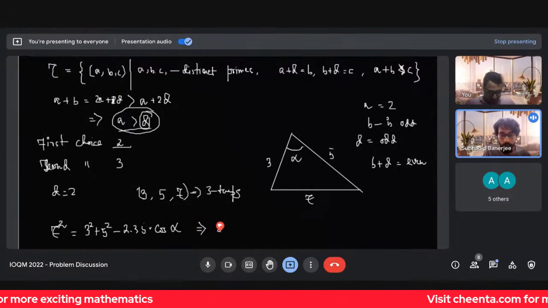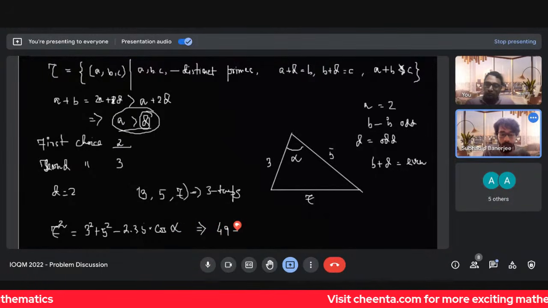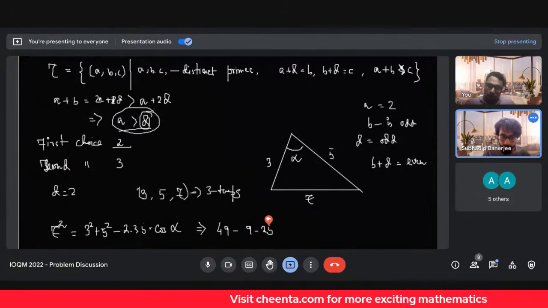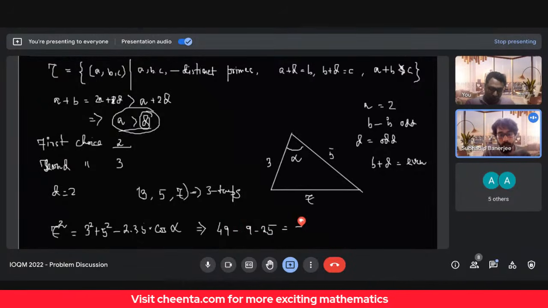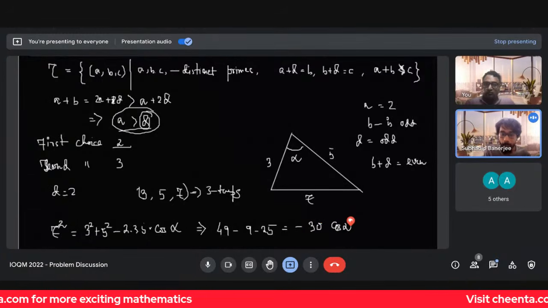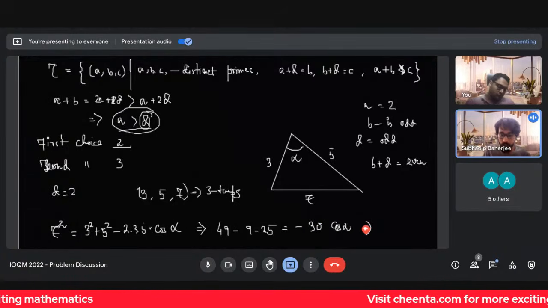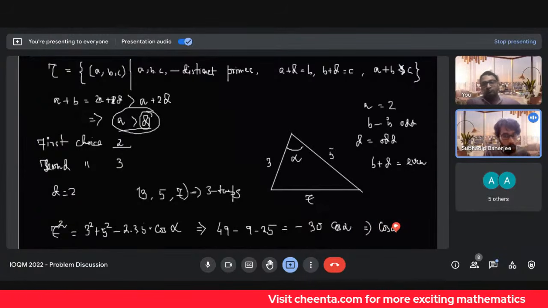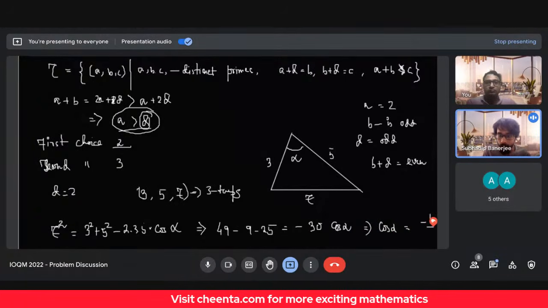So we just solve it. We have 49 minus 9 minus 25 is equal to minus 30 cos alpha. And from there, we get cos alpha is equal to minus half, I suppose.